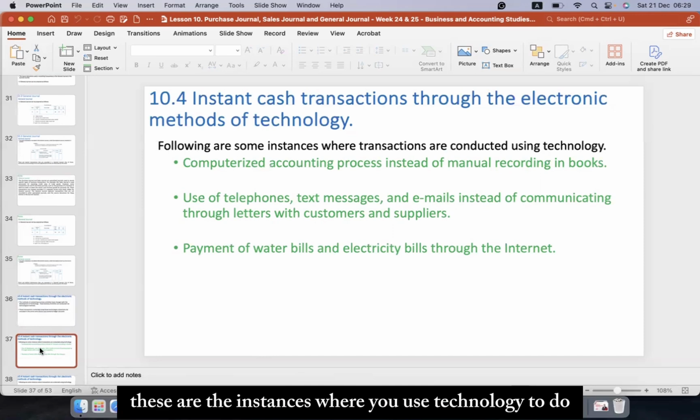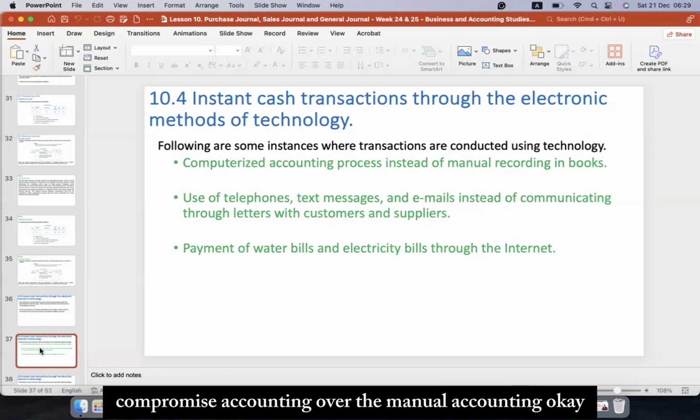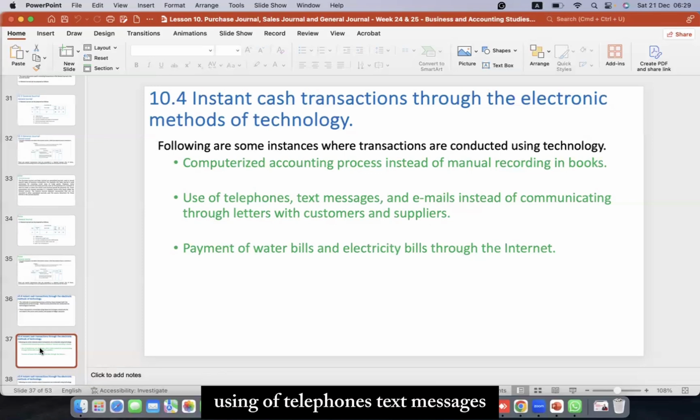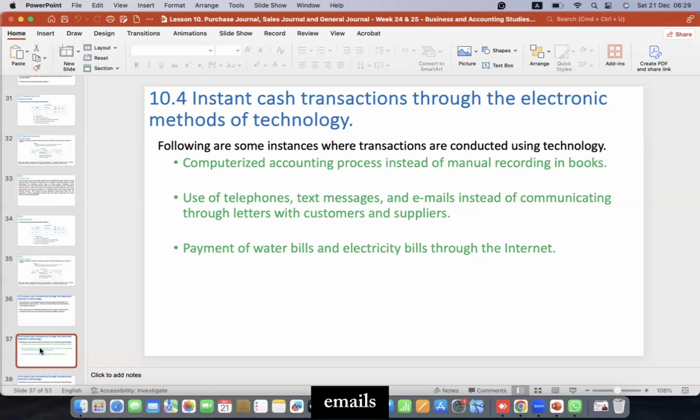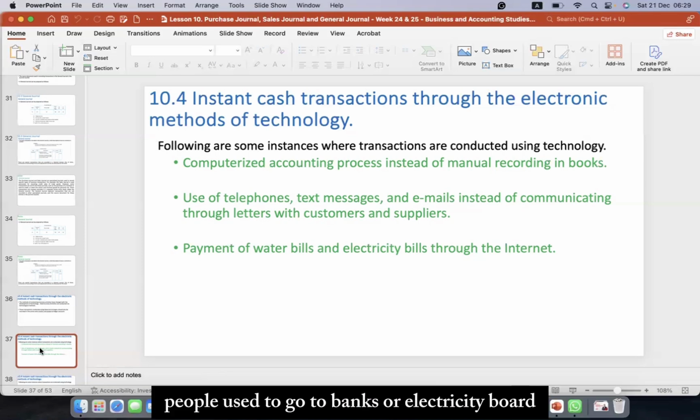So these are the instances where you use technology to do transactions. Computerized accounting over manual accounting. Using telephones, text messages, emails without using letters as we used so many years back. So many years back, people used to go to banks or electricity board or water board and pay the bill, but today they pay it over the internet.